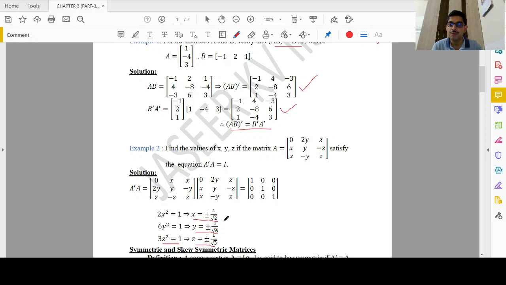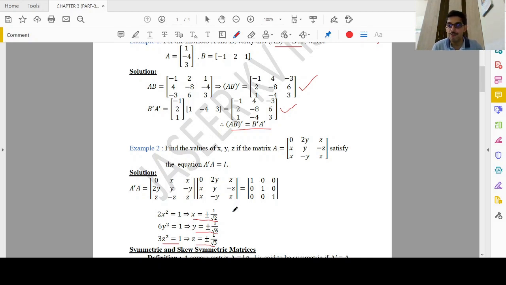Here you need not multiply all the elements of the matrices. You can verify the other elements to be 0. For example, if you take first row, second column, you multiply element by element, so it will become 0, xy minus xy, so that is becoming 0. So all other elements will become 0.